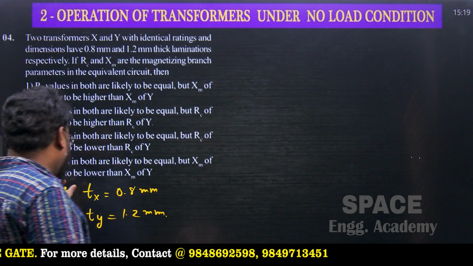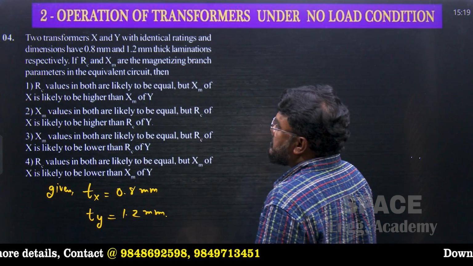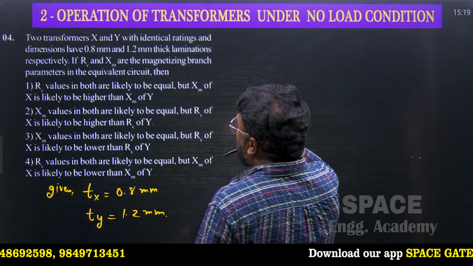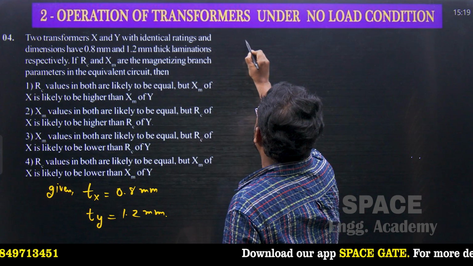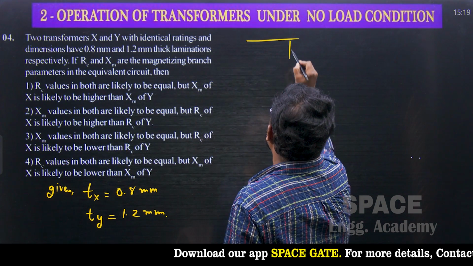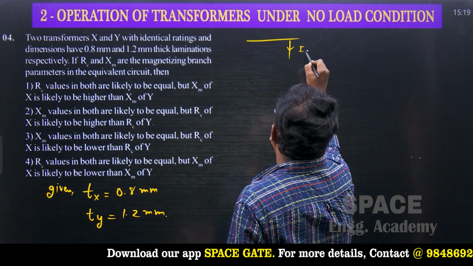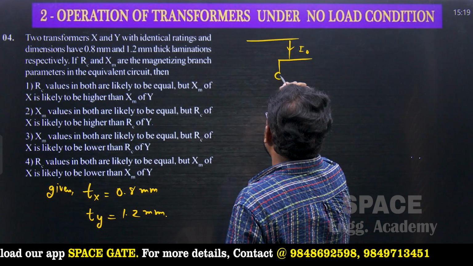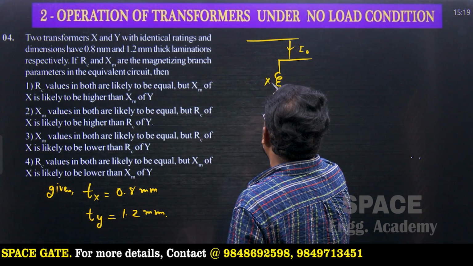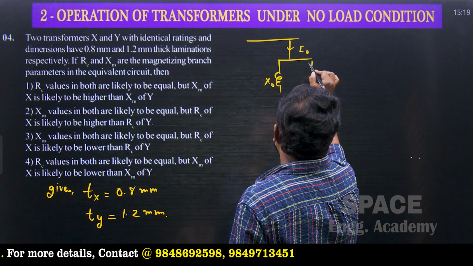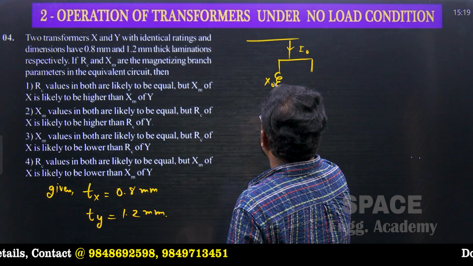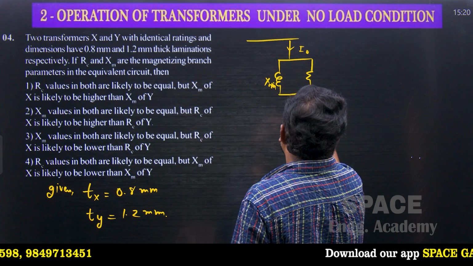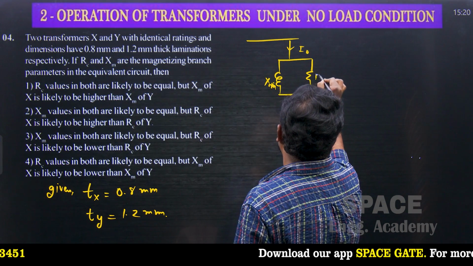So this is Tx and Ty. For the two transformers, we know the equivalent no load branch parameters. The no load current I0 has two components. Let us consider the magnetizing component of the current, with XM the magnetizing reactance, and the resistance here is the RC value.